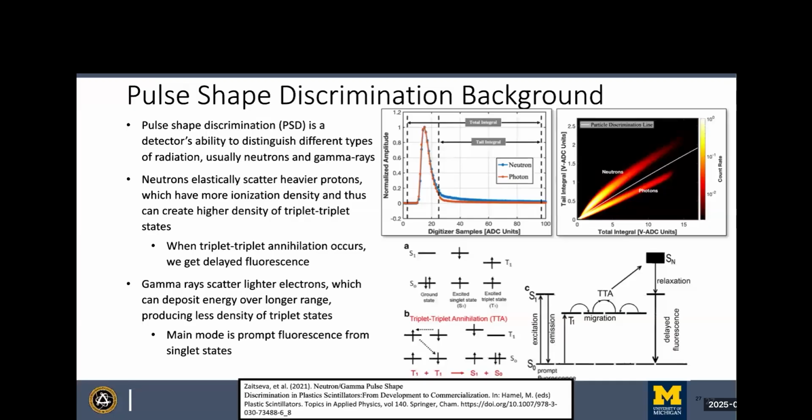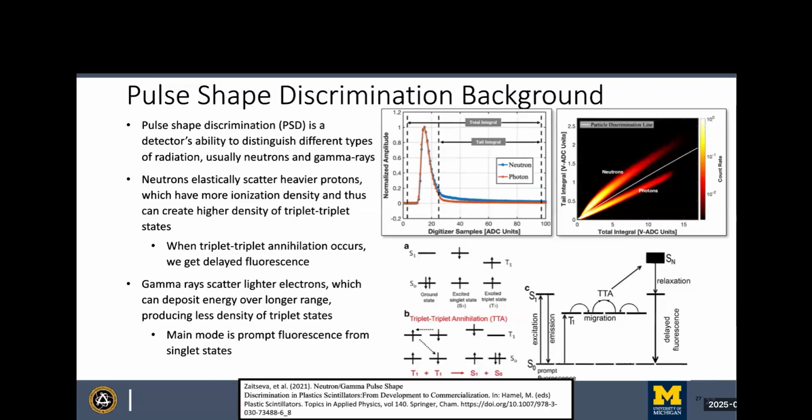So we do pulse shape discrimination by taking the tail integral and dividing by the total integral, because that should be greater for neutrons than it is for gammas, whose main mode is prompt fluorescence from singlet states, because they scatter off of lighter electrons, which deposit their energy over a longer range.